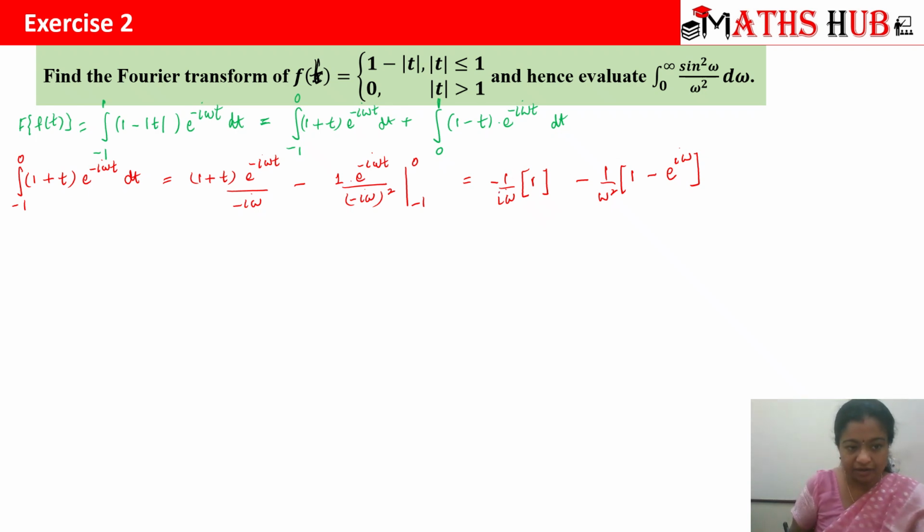Let us solve the second integral now. The second integral is from 0 to 1, 1 minus t, e power minus i omega t dt.